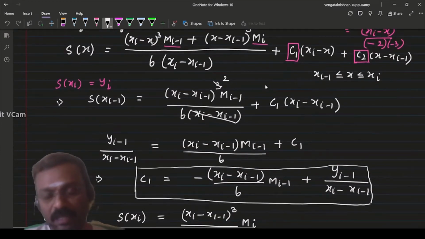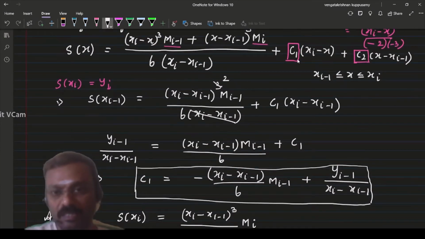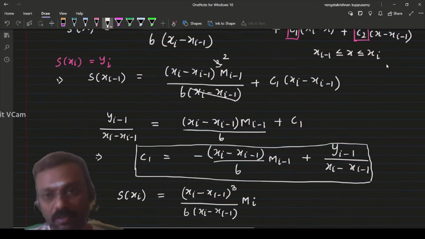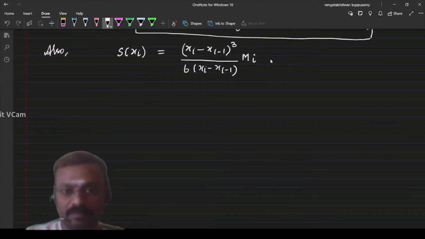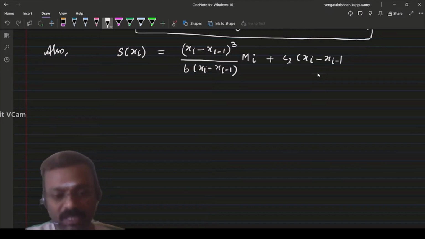Right? And the next term c1 into (x_i minus x_i), that vanishes. So we have c2 into (x_i minus x_{i-1}).